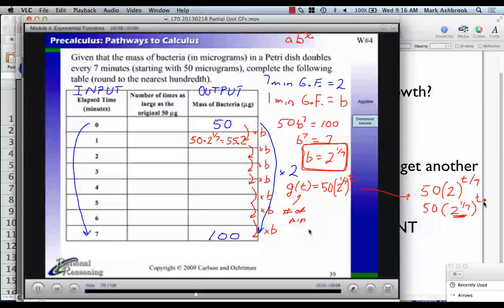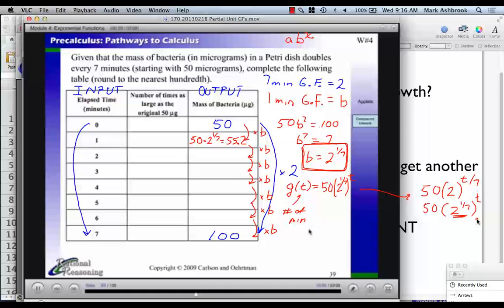And what's the unit of my input? Minutes. It's 1 minute. Each t is 1 minute. Therefore, this is the 1 minute growth factor. So you can write it either way, that's fine, but I prefer this way because I can quickly see, oh, my 1 minute growth factor is 2 to the 1/7.